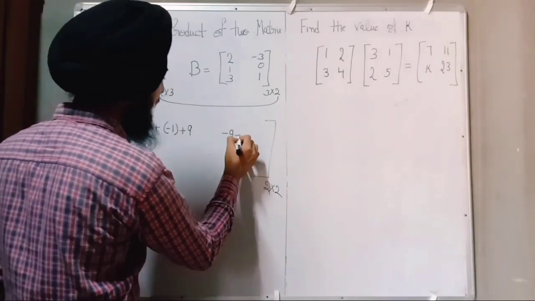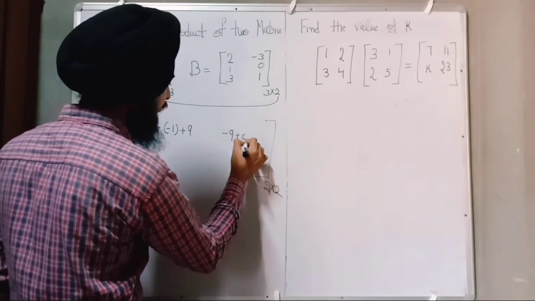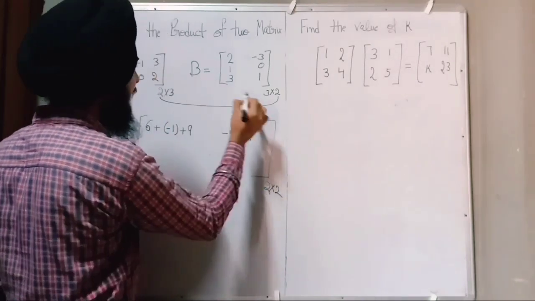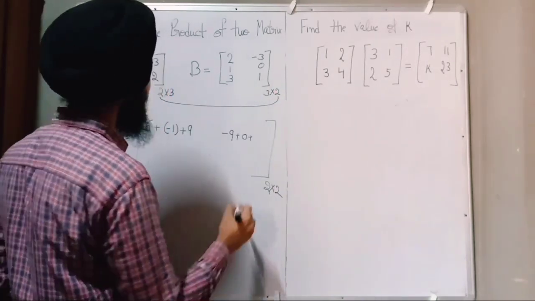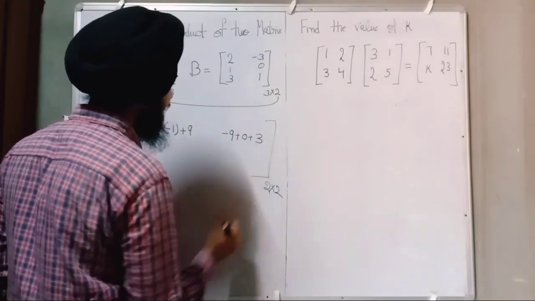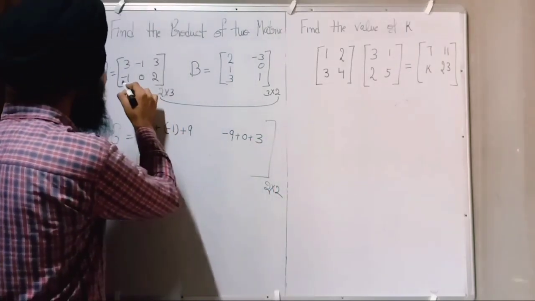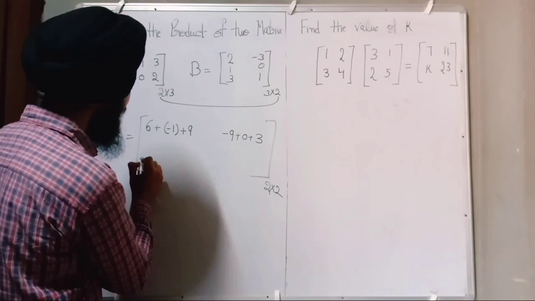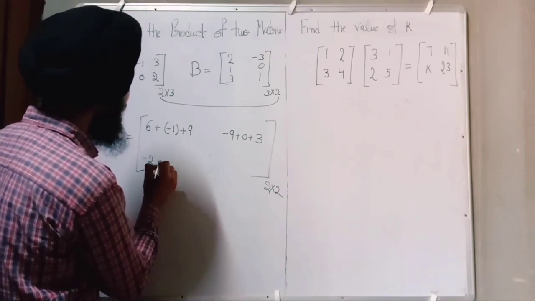Minus 1 multiplied by 0 is equal to 0. 3 multiplied by 1 is equal to 3. Minus 1 multiplied by 2 is equal to minus 2.